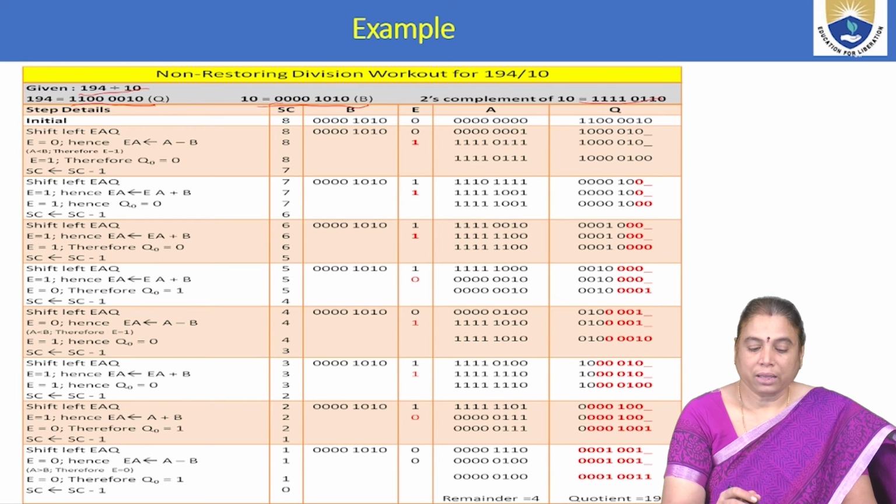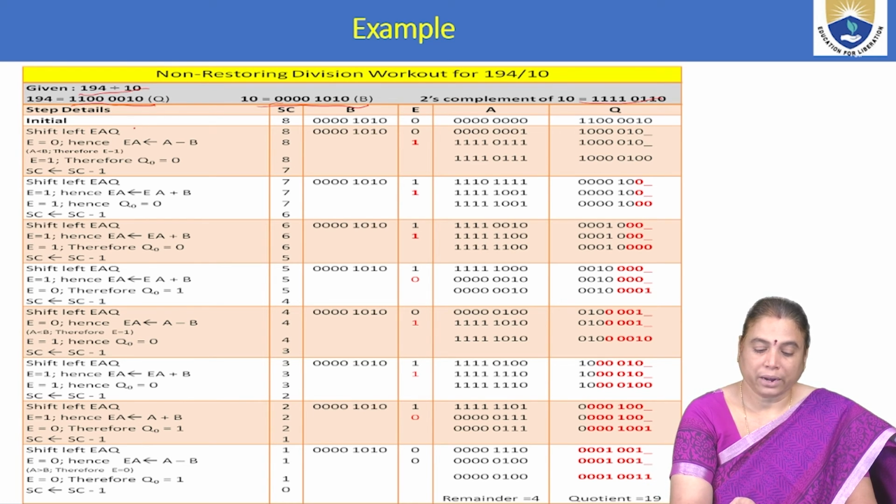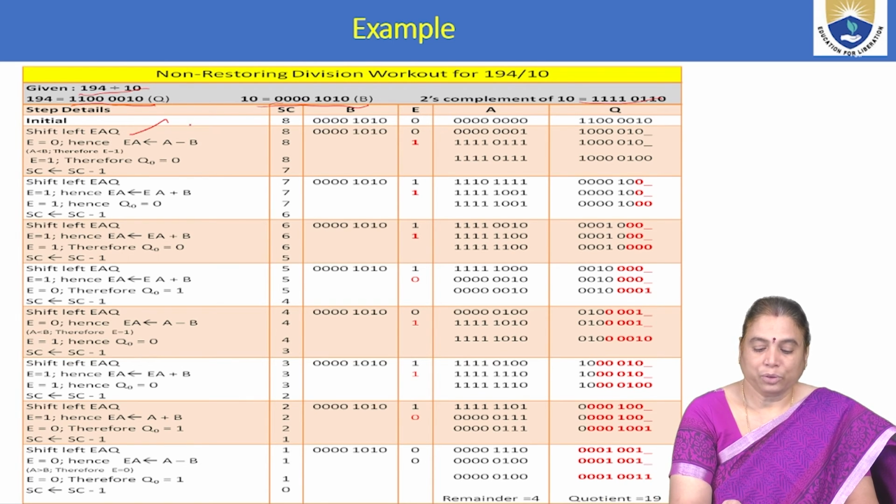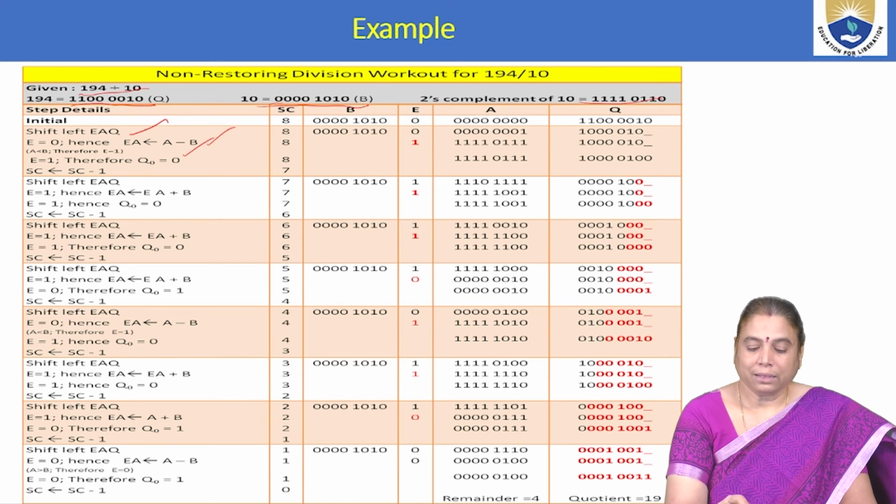The steps in each iteration are: first shift left EAQ and check whether E is 0. If E is 0, subtraction is performed. If E is equal to 1, addition is performed. Q0 is set accordingly, and these steps are repeated.